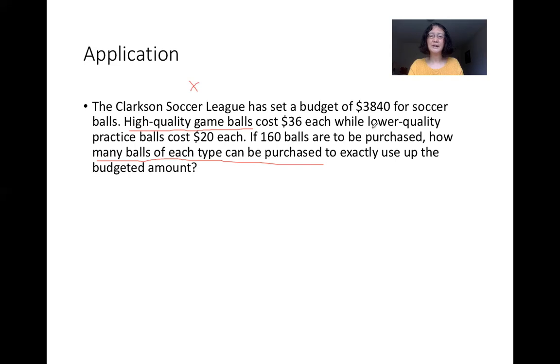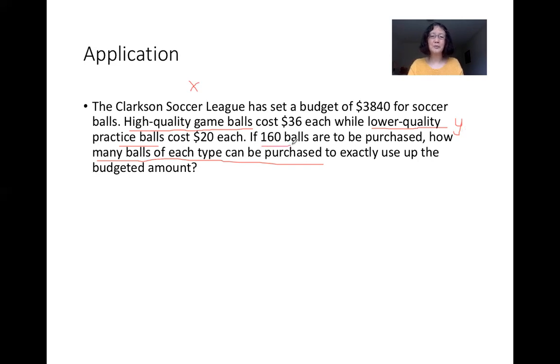The other type is lower quality practice balls. How many balls do we need here? We need Y. So we use X to represent the number of high quality balls, and Y the number of lower quality balls.